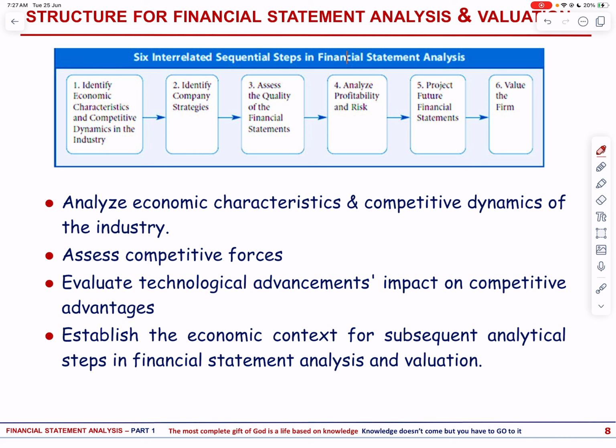So, analyzing economic characteristics and competitive dynamics of the industry involve assessing competitive forces, including the number of firms and product differentiations, evaluate technological advancements impact on competitive advantages such as in computer software, establish the economic context for subsequent analytical steps in financial statement analysis and valuation.